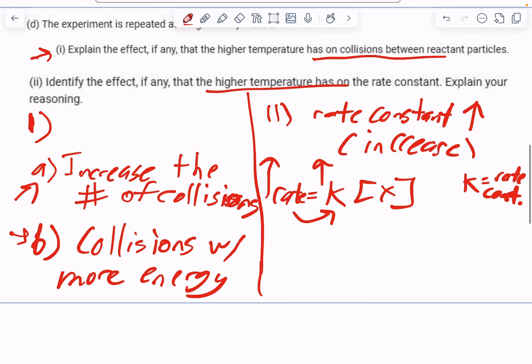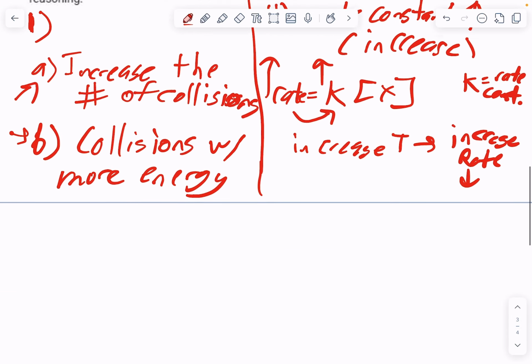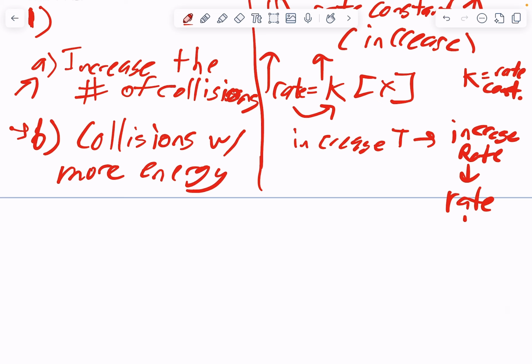So what I would do to answer this question, I would say by increasing temperature, we increase rate, and according to the rate law, the rate is proportional to the k, rate constant.